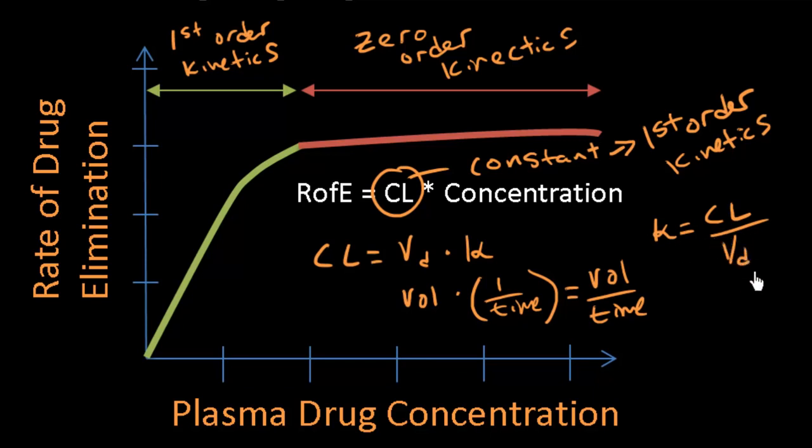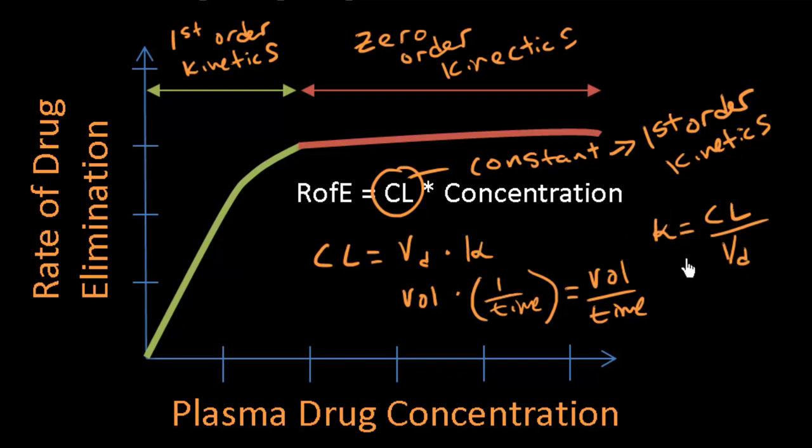Also, as the volume of distribution decreases, and that means that if the drug is staying in the plasma, that drug now has a better chance of being filtered by the kidney. So a lower volume of distribution also increases that first order elimination rate constant. These two terms here are constants for a given drug.